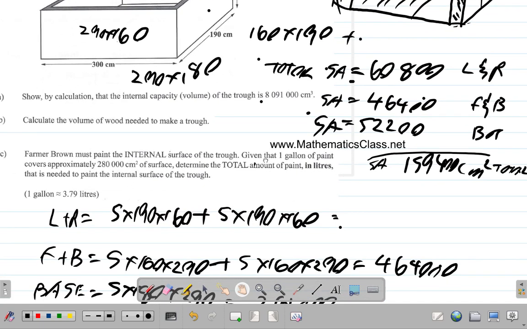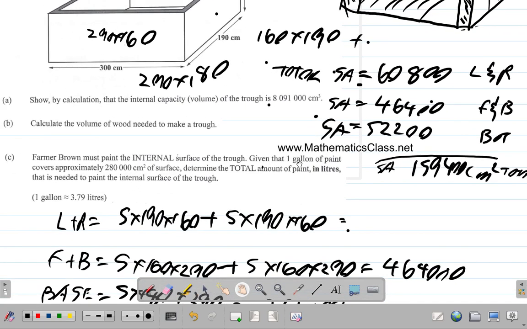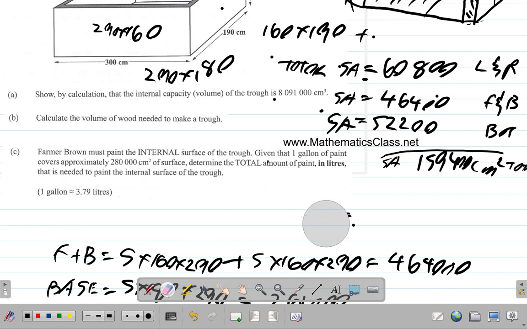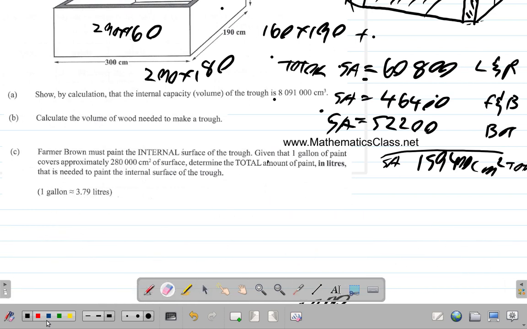After that now, they say 1 gallon would cover 280,000. Determine the total amount in liters needed to paint the inside surface. All right. So how much gallon is this? How much gallon of paint is needed for this?